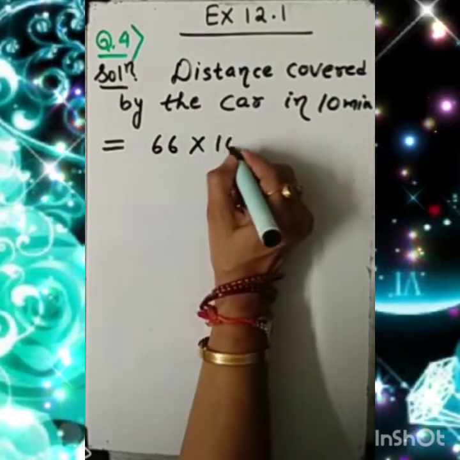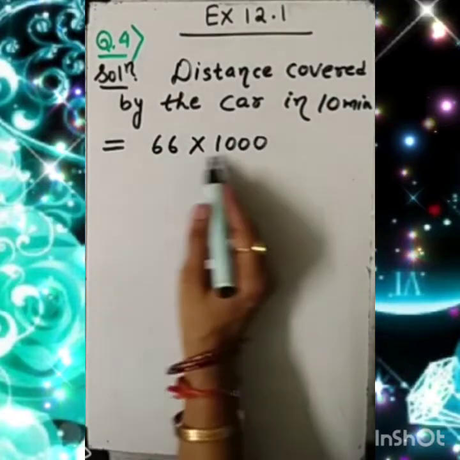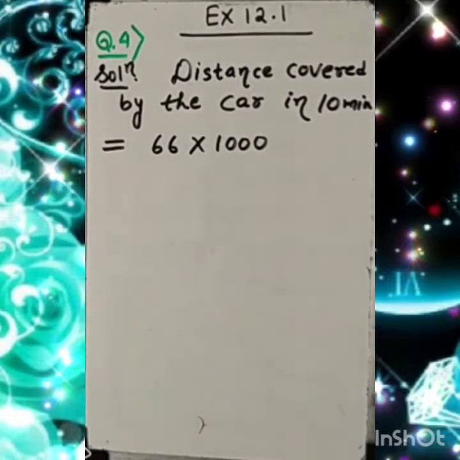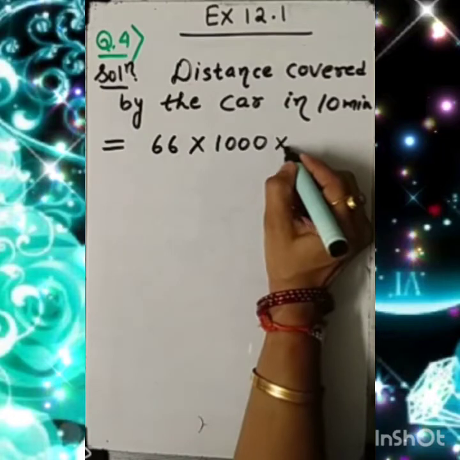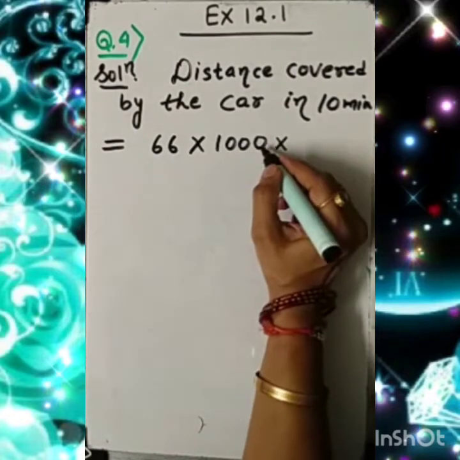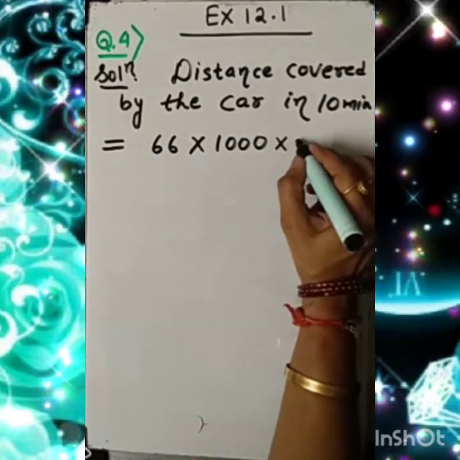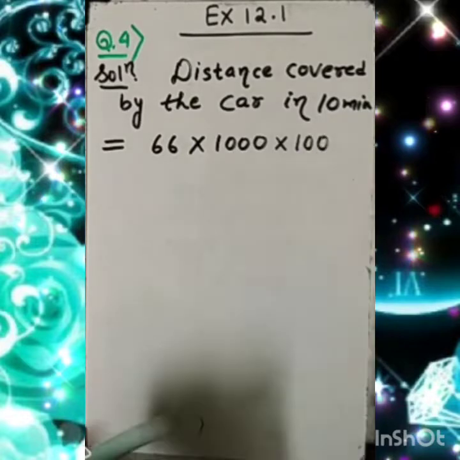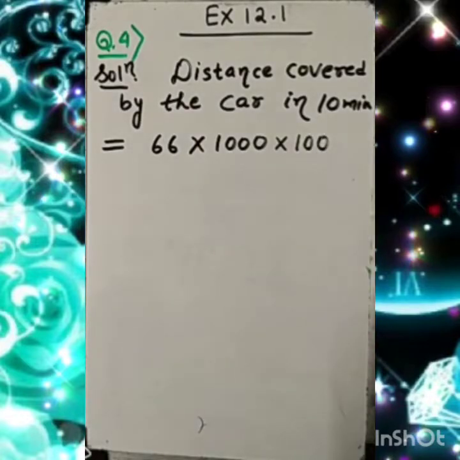So let me convert it into meter by multiplying with 1000. As you know, 1 kilometer equal to 1000 meter. Okay, and if I want to convert this meter into centimeter, then of course again I need to multiply it with 100.